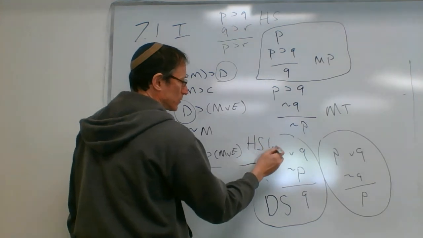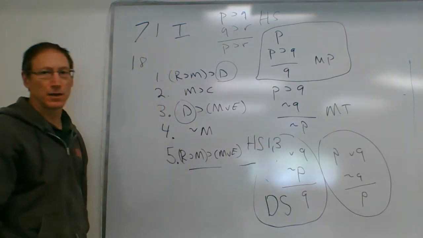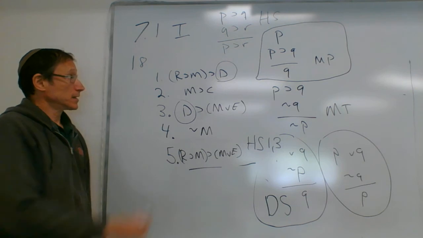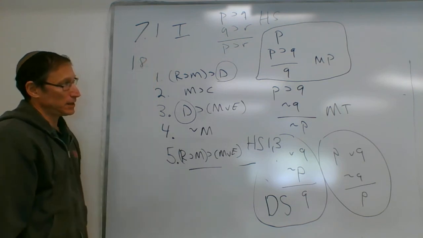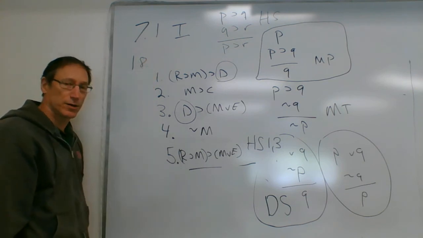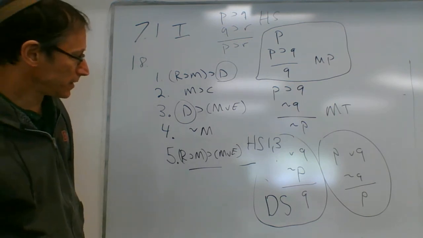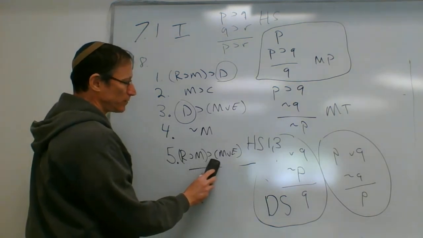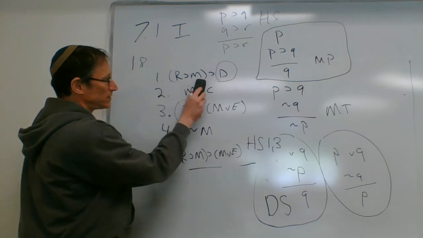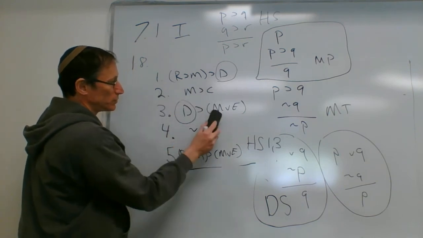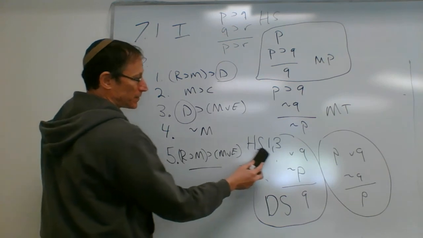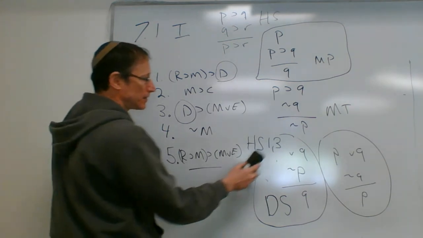Hypothetical syllogism on 1 and 3. That is the correct answer to number 18, and I think that's the only correct answer in this case, like the book says. Okay, I hope everybody can see that. R horseshoe M wedge E, the antecedent of the first one, horseshoe, the consequent of the second one, hypothetical syllogism on 1 and 3.